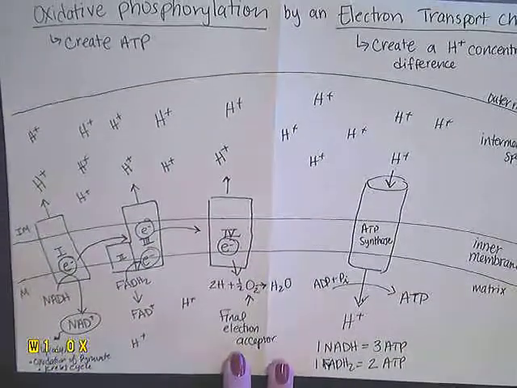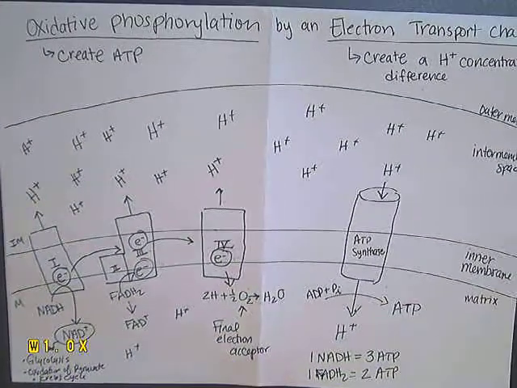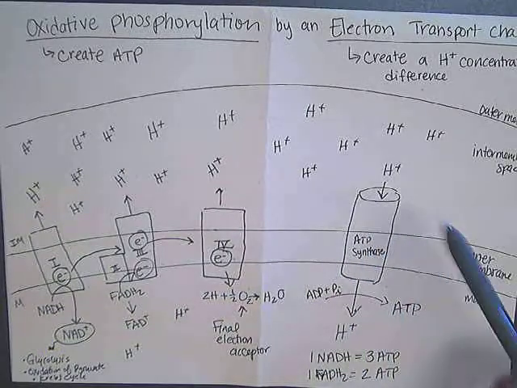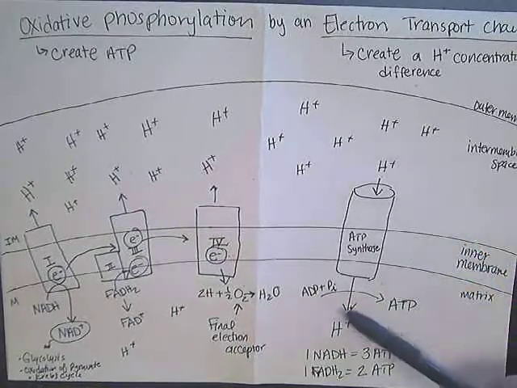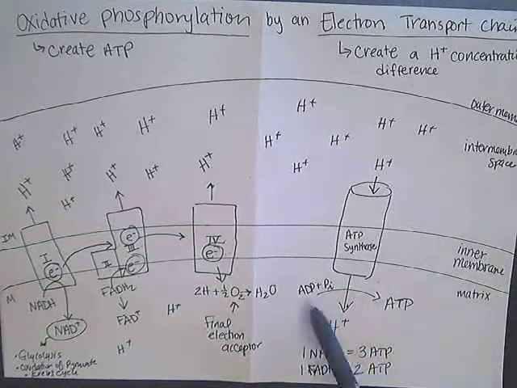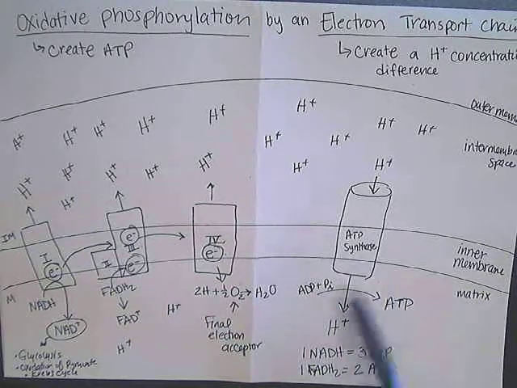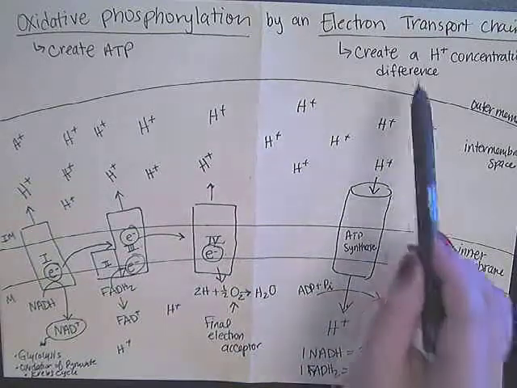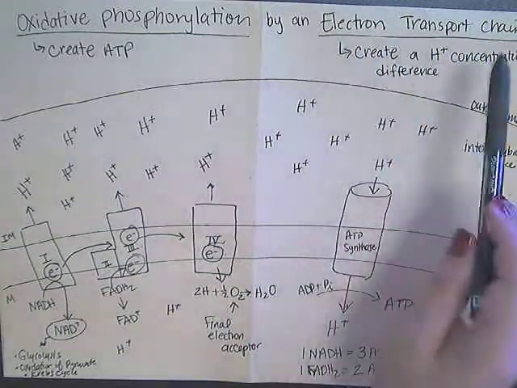All right, so what we've done is we've talked about oxidative phosphorylation, which is the process of ATP being produced as a hydrogen is moving down its concentration gradient from the inner membrane space to the mitochondria. We're using that movement energy to create ATP. But this process would not be possible if it weren't for that electron transport chain.